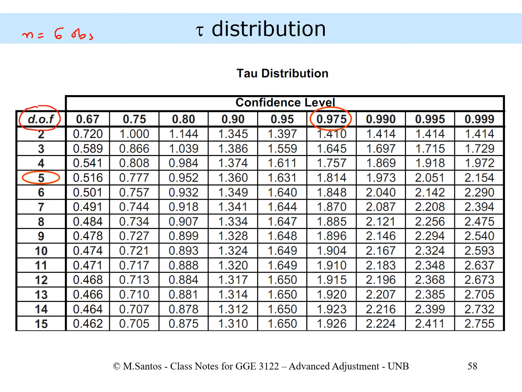So our degrees of freedom, nu, is going to be n minus 1 equals 5. We know that this is 1 minus alpha over 2 as we used before. So here we go, this is our cutoff value. This is the tau distribution. Here is the cutoff value.